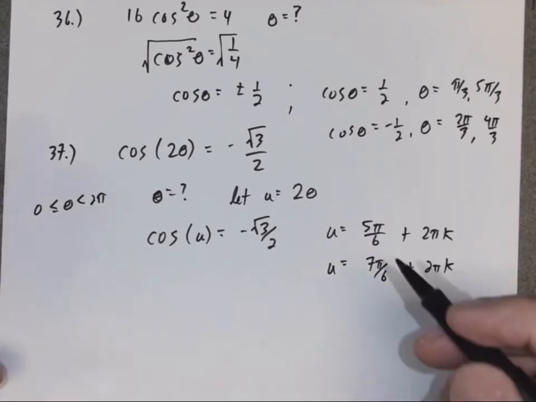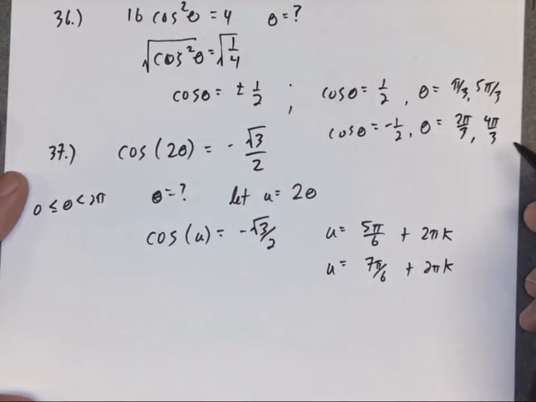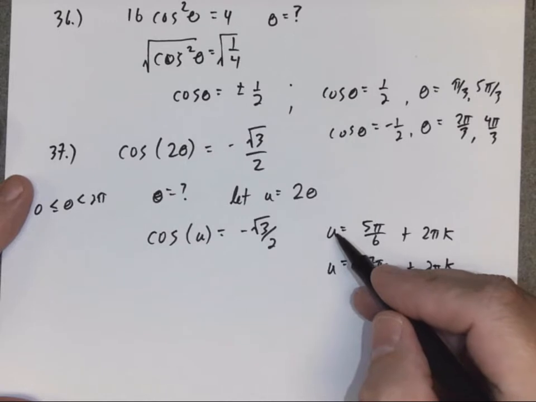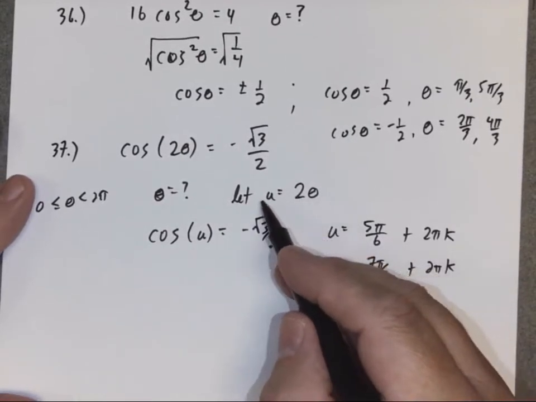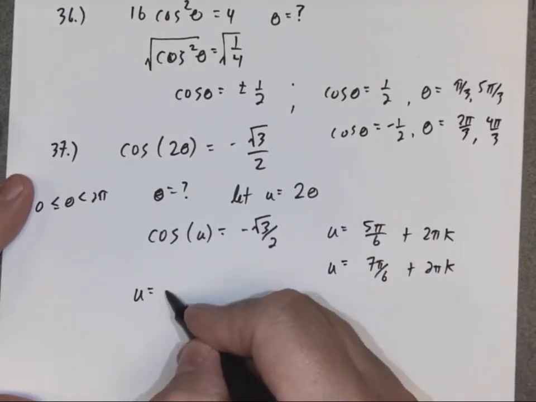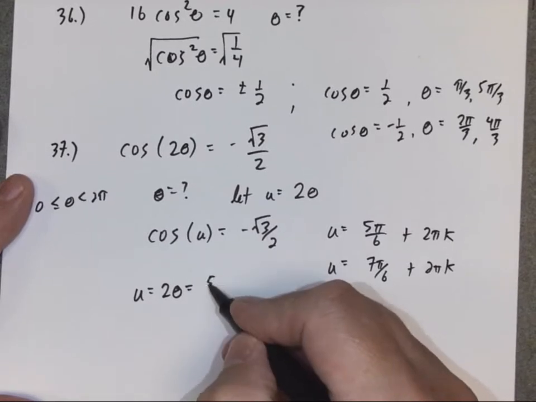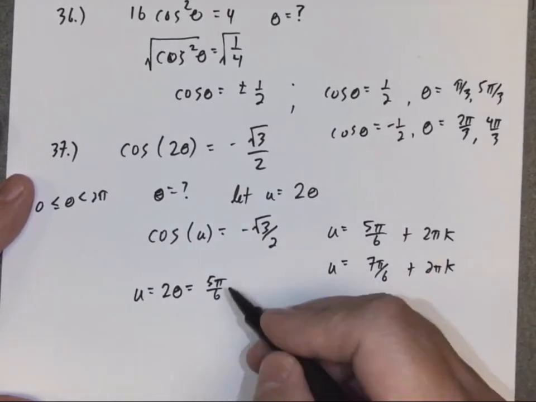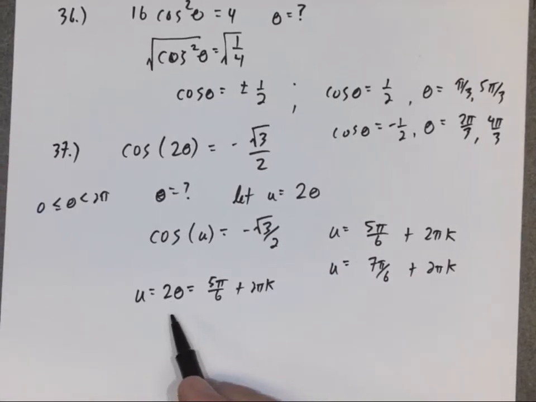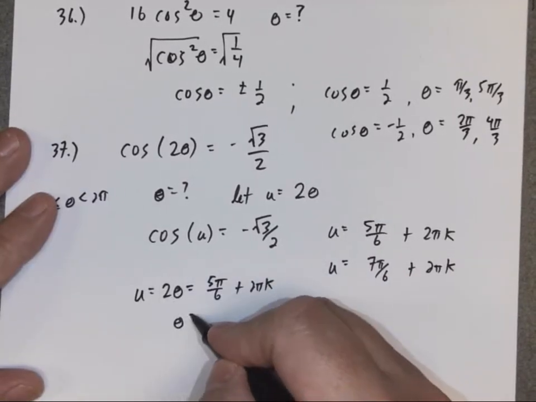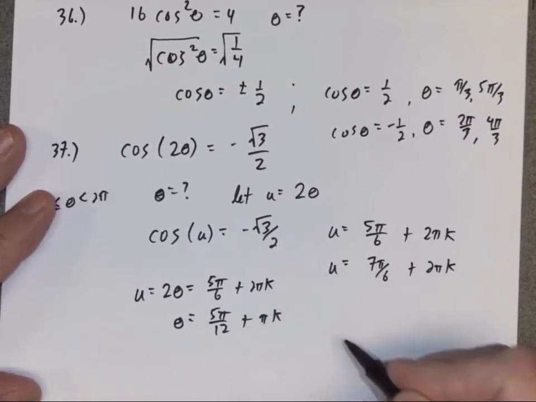Now, these are u's. I'm actually trying to solve for theta. So now let's convert from u back to theta. And what I do is I use the definition when I first introduced the u. So I say u equals 2 theta, but u also equals, the first one is 5 pi over 6 plus 2 pi k. Now if I solve this for theta, divide both sides by 2, I get 5 pi over 12 plus pi k.